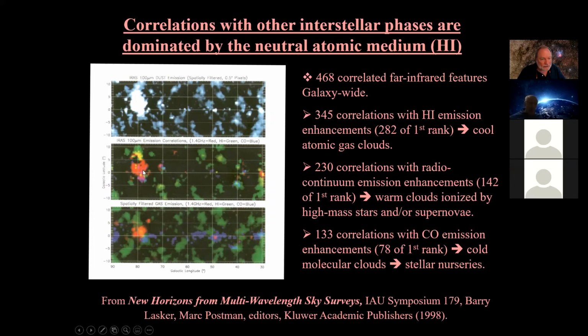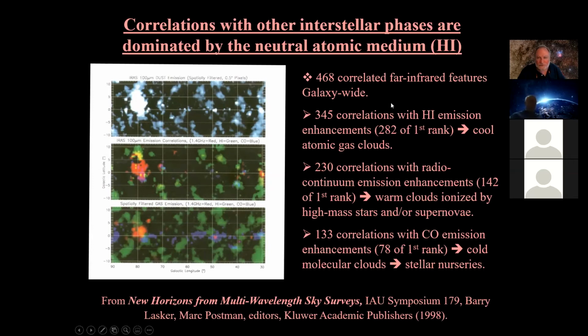And the red is radio continuum from ionized gas. So that's where stars are scorching the gas and ionizing it, making it glow in the radio continuum. And there's also CO emission, a few regions of blue emission. And so that's tracing where the molecular gas matched up with the infrared emission nicely.